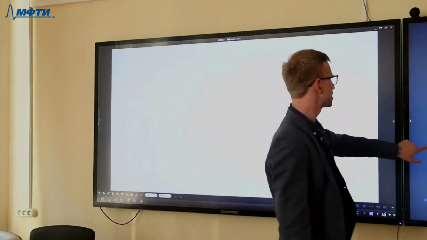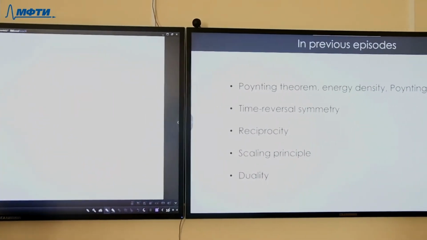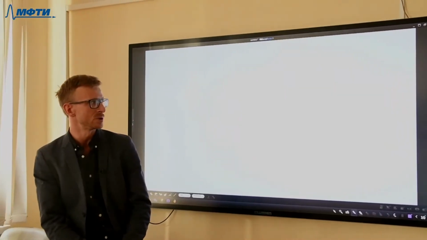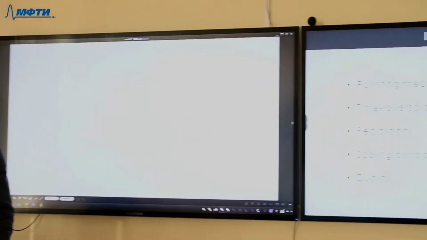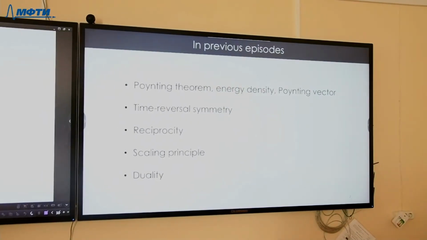But as always, we're going to start with recapping what we learned in the previous lecture. So last week we learned a number of tools such as the Poynting theorem, which expresses the conservation of energy in electromagnetics, in optics, and with the definition of the Poynting vector. We learned the time reversal symmetry, which tells us how Maxwell's equations and fields are transformed when we flip the direction of time.